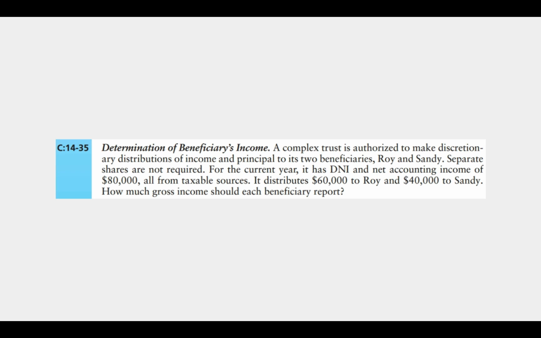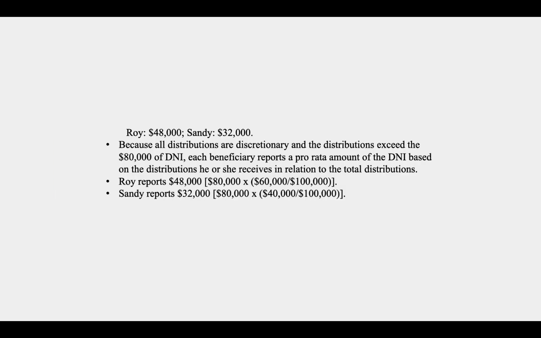So remember, DNI is going to represent the maximum amount that our beneficiaries will be taxed on. Our DNI in this problem is $80,000, but we see that $100,000 is distributed. So we are going to have to allocate that $80,000 of taxable income between Roy and Sandy, and the rest they will receive tax-free. We're basically going to allocate it proportionate to the amount of distribution they received.